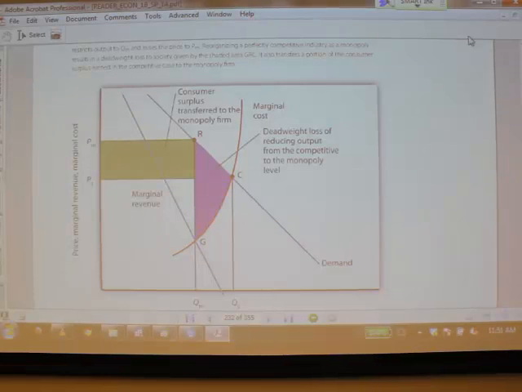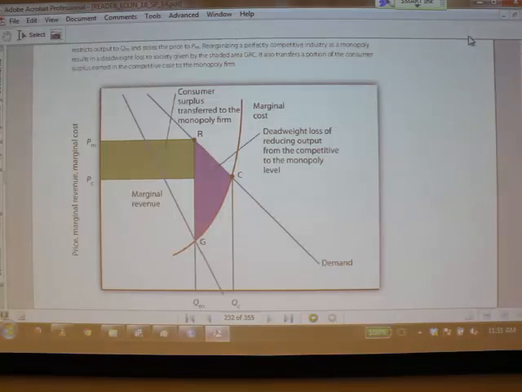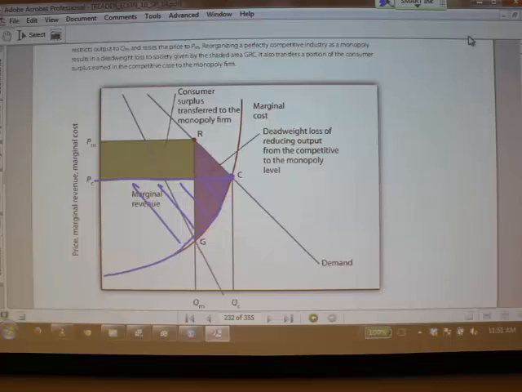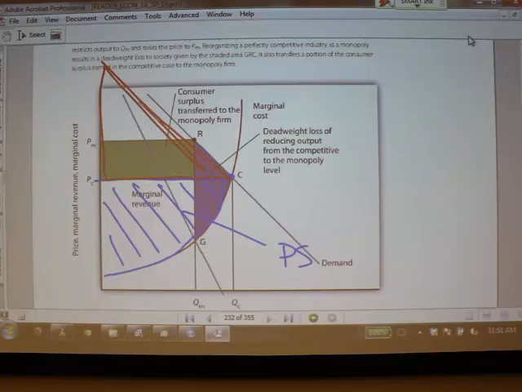Let me say this all together, all at one time. So if we had a competitive market, the price would be PC. This blue area would be producer surplus. And then this red area would be consumer surplus.